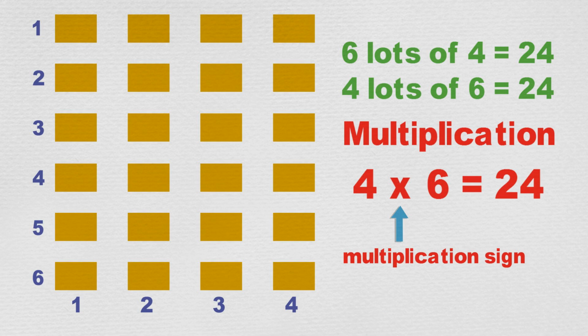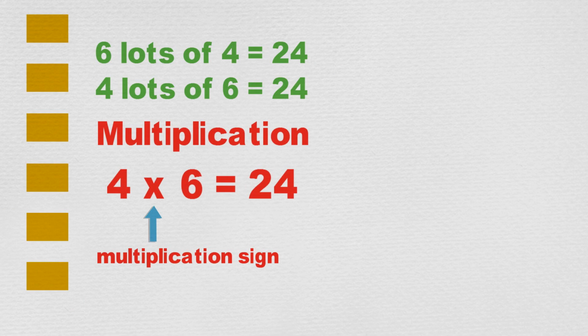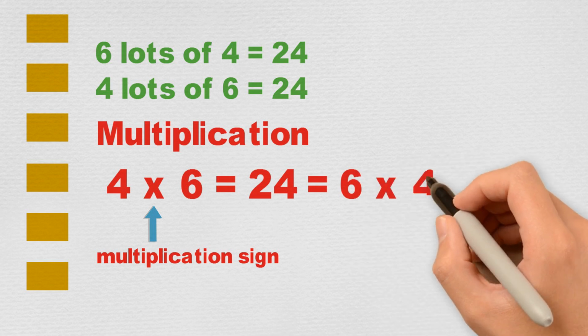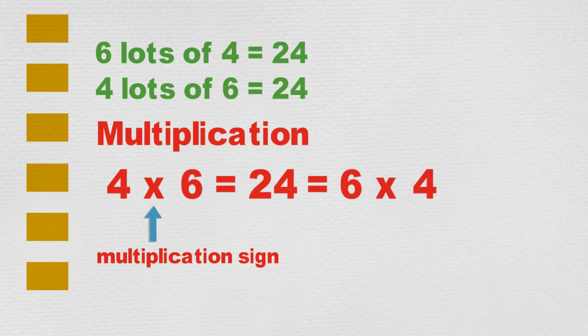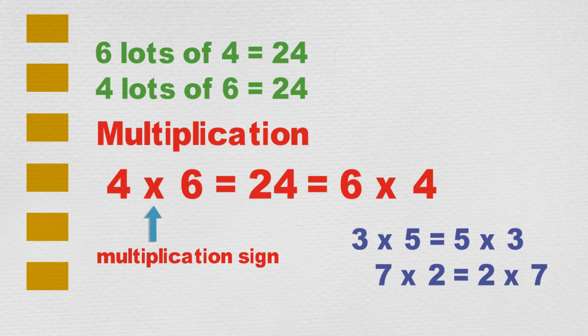As we discovered with the desks, when we multiply numbers together, the result is the same no matter the order. So, 4 times 6 equals 6 times 4, or 3 times 5 equals 5 times 3, or 7 times 2 equals 2 times 7.